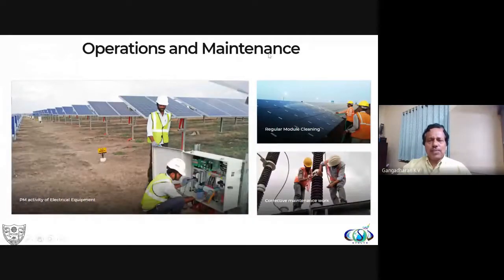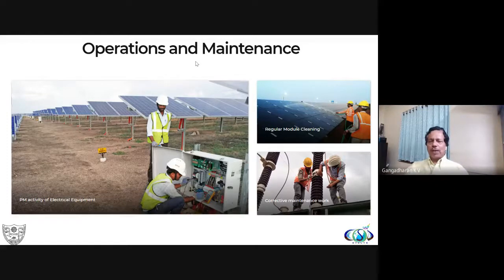Normal operation: if you are looking at the operation and maintenance of any of this, you will have PM activity of electrical equipment, regular module cleaning. This is what I mentioned by dirt and dust. Then corrective maintenance, wherever you need to do it.